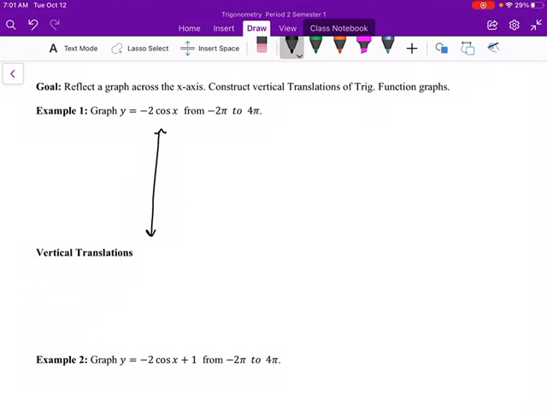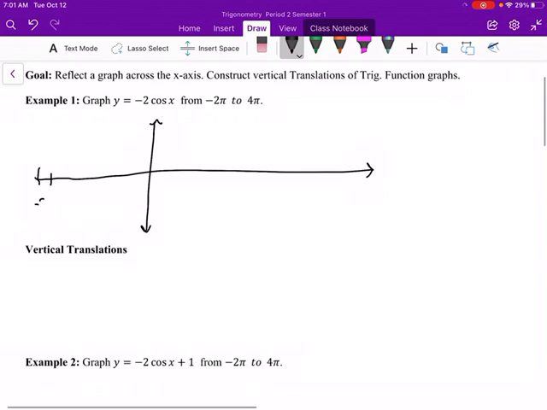So the first thing we're going to do is we're going to draw our x and y axis. From -2 pi all the way up to 4 pi. If we started with our parent function of our cosine graph, that would start at 0.